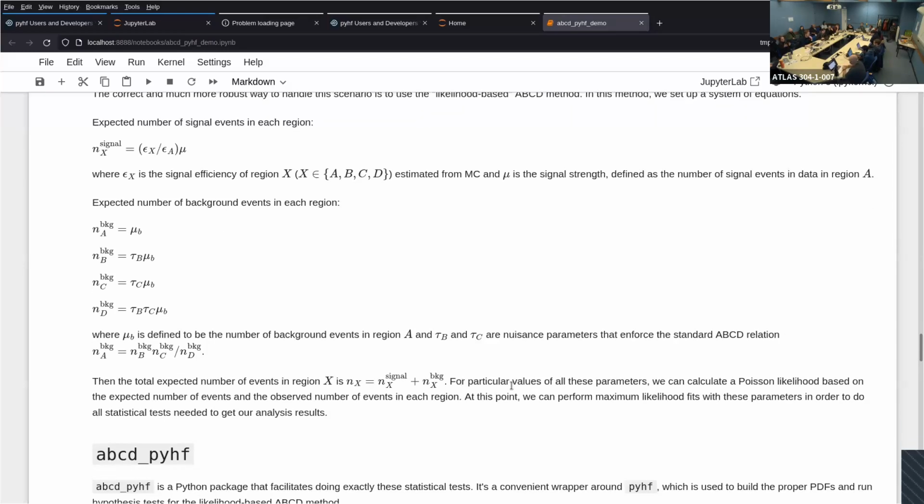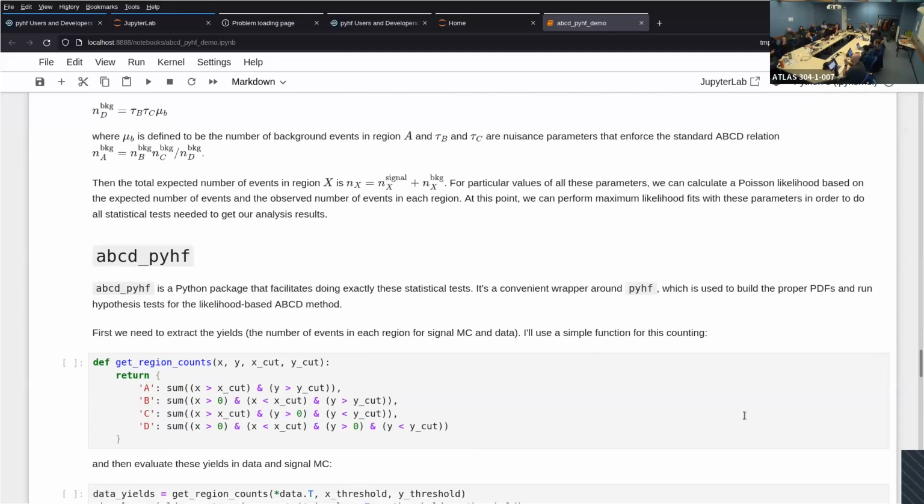And so for particular values of these parameters like tau_B, tau_C, mu_B, and mu, you can calculate just a Poisson likelihood based on the expected number of events and observed number of events in each region. And so once you have the formula for the likelihood, you can perform a maximum likelihood fit in order to get all the results.